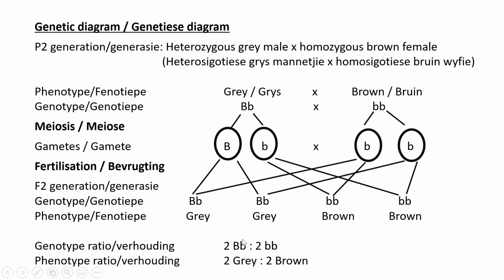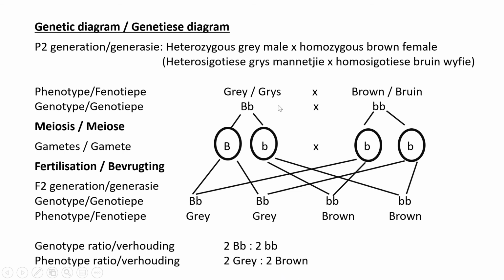So there's a 2 out of 4 chance of the individual being heterozygous, and a 2 out of 4 chance of the individual being homozygous recessive. There's also a 2 out of 4 chance for the individual to be grey, and a 2 out of 4 chance for it to be brown.